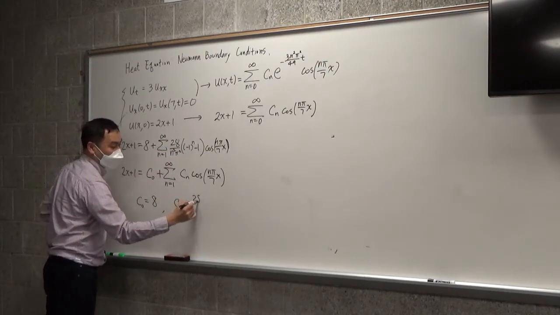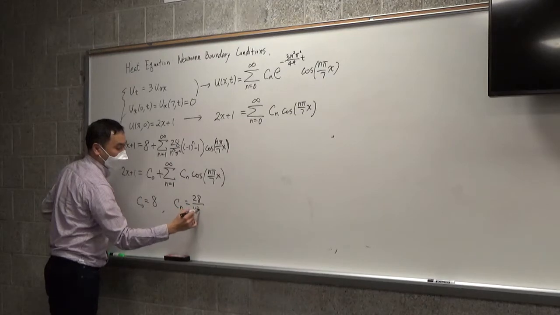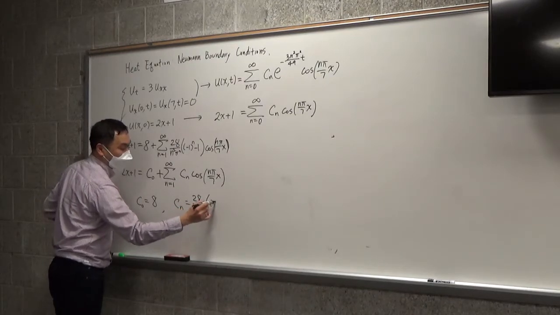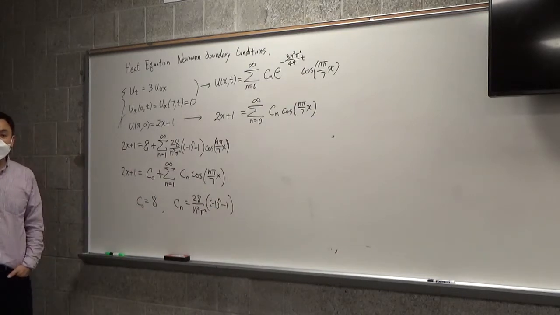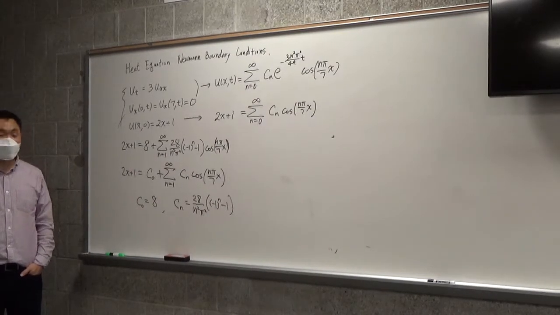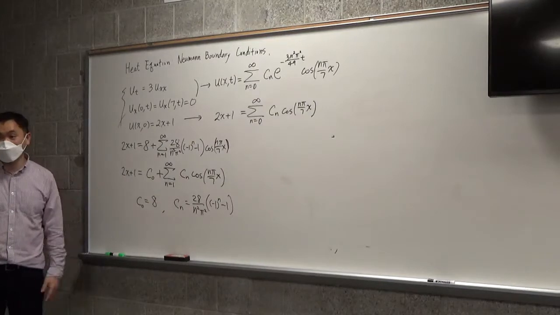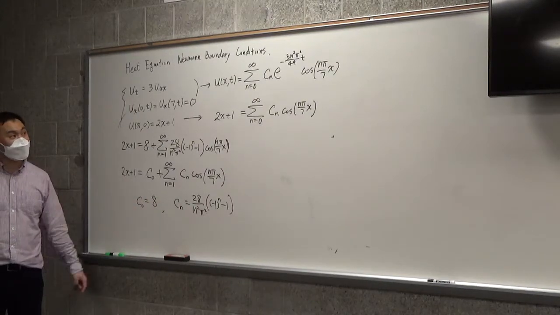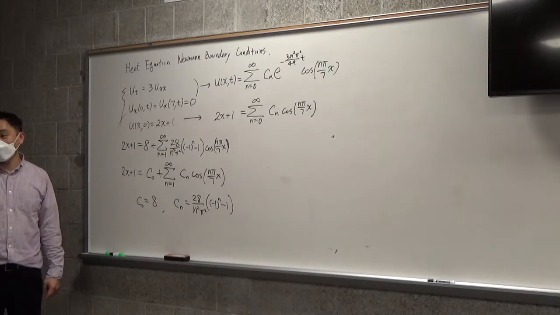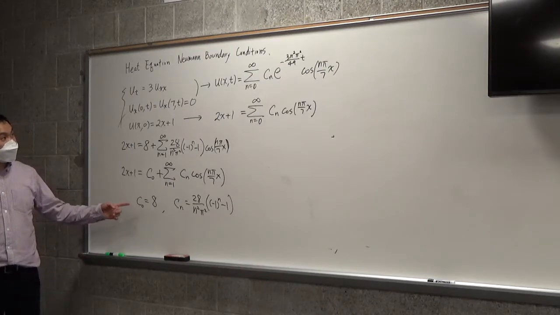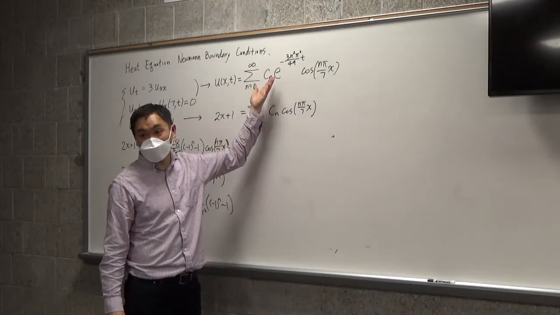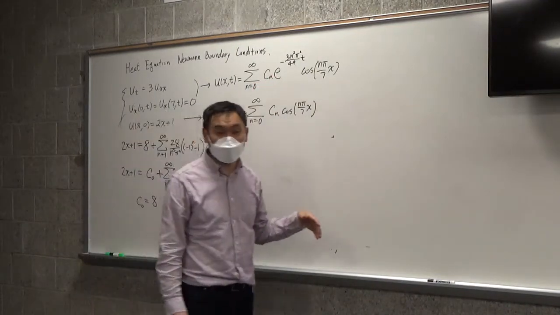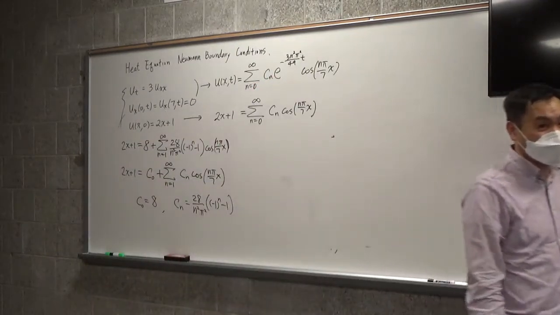So we write 28 over n squared pi squared of negative 1 to the nth power minus 1. So we got the C0, we got the Cn's for n from 1 to infinity. And that's great because we almost have the solution. All we need to know are the Cn's, and we found the Cn's. So all that remains is just the answer.